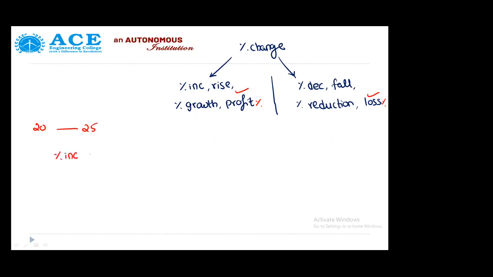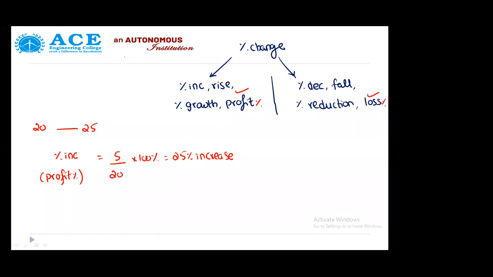Like profit percent we should do. So guys, what is the profit here? 5. The cost price is 20, into 100 we have to do. We can say 25% increase. 20 becomes 25, this is 25% increase.